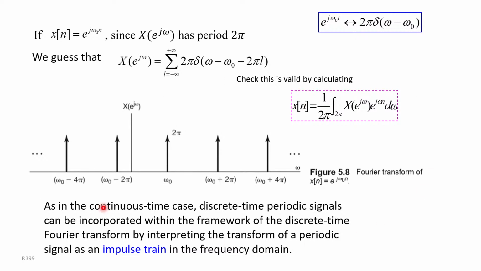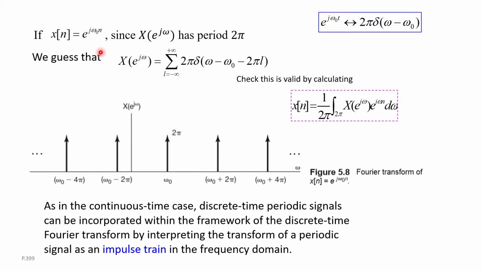In this chapter, a similar thing will happen. If you have a complex exponential, it's also going to get a spectrum of delta functions. But now the spectrum needs to always be periodic with period 2 pi. So we just repeat this delta function into an impulse train where the interval between them is 2 pi.